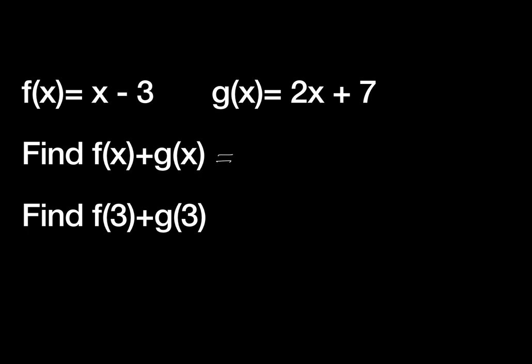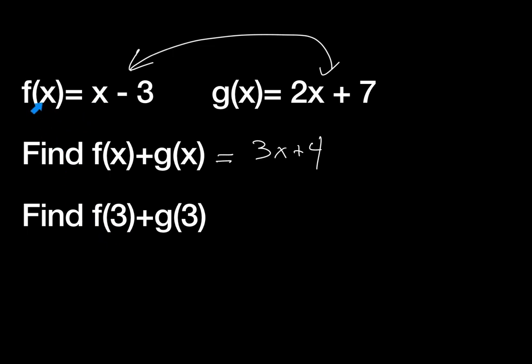What is f of x plus g of x equal? 3x plus 4. Because what we were doing is just taking these two equations and adding them up. x minus 3 plus 2x plus 7. 3x plus 4. f of 3 plus g of 3. f of 3 means, up here, I take the f of x equation, plug in 3.